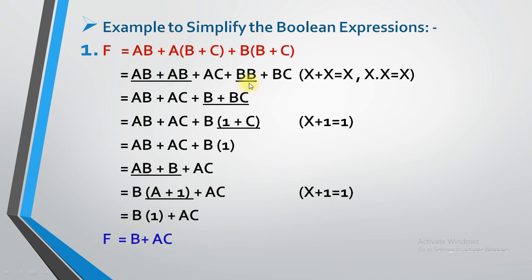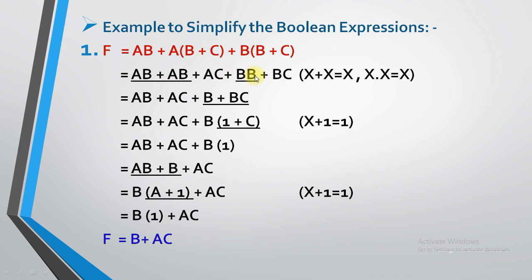Let us repeat this particular sum once again, as this is the first sum based on the postulate. So I am going to repeat it. AB plus A into bracket B plus C plus B into bracket B plus C. For the given formula, first of all, apply the multiplication of AB, apply the multiplication of AC.